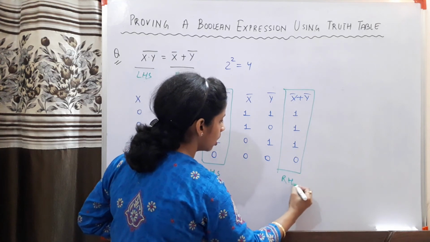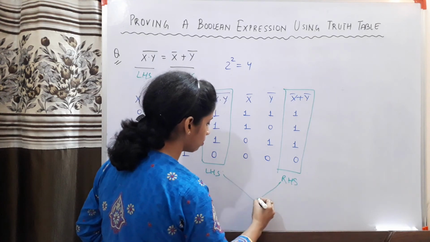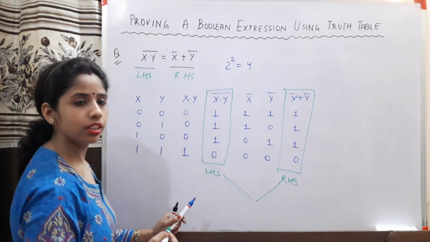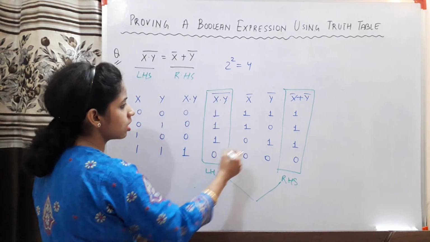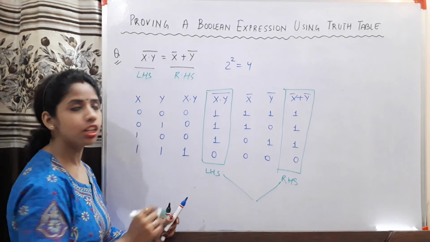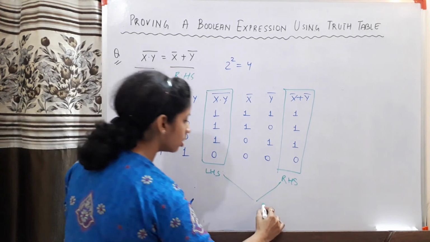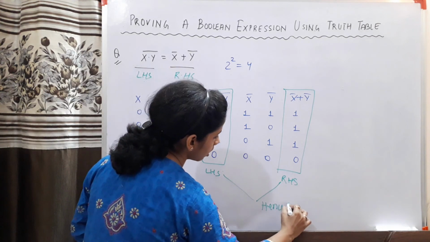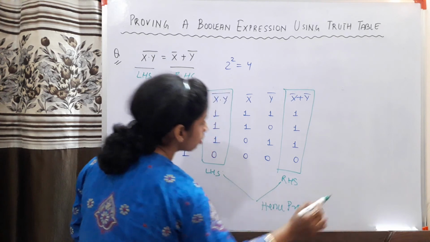This is RHS, and if you compare these two columns, what is proved? That the result of this expression is equal to this expression. So hence we proved the given Boolean expression. So you write hence proved.